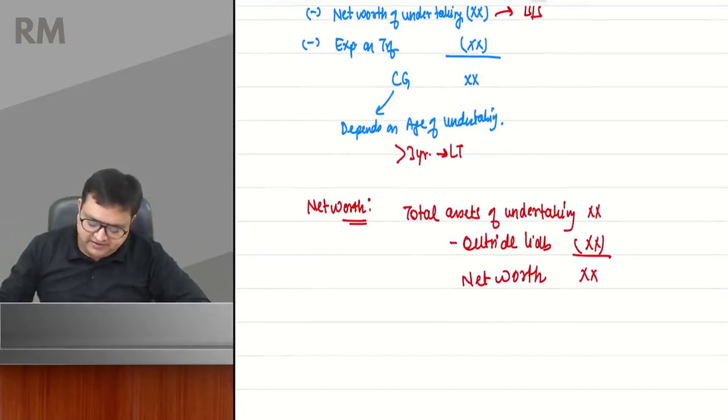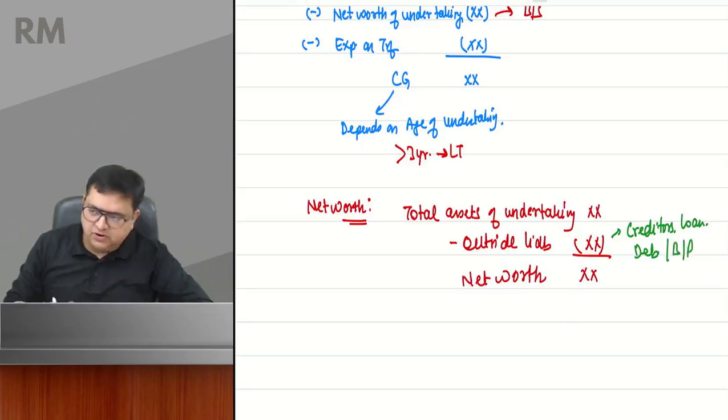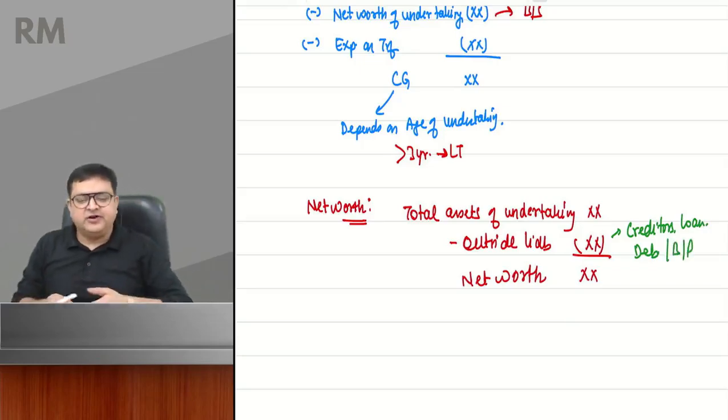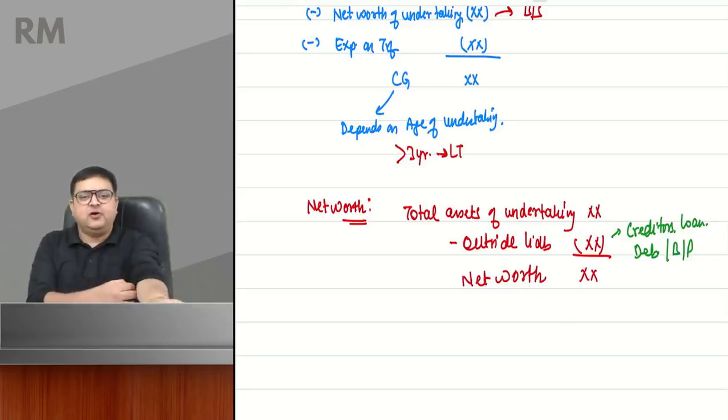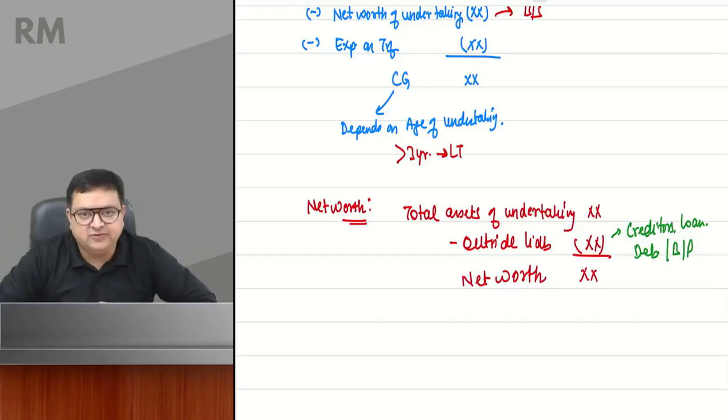Outside liabilities are like creditors, loan, debentures, bills payable. Obviously, reserves and surplus is not outside liability. Shareholders fund is not an outside liability. Share capital is not an outside liability. Any kind of reserve is not an outside liability. Understood? Now, so net worth will become their cost.